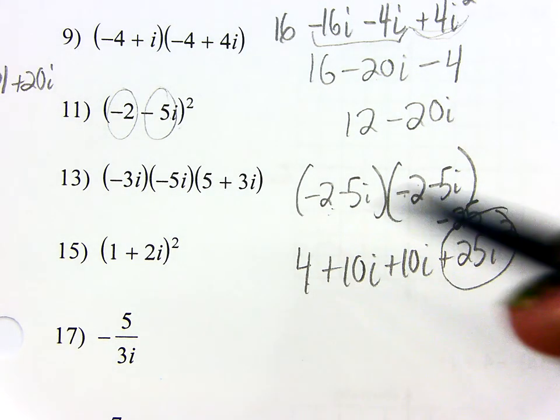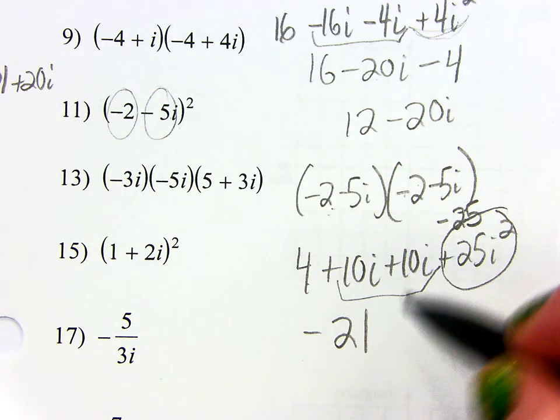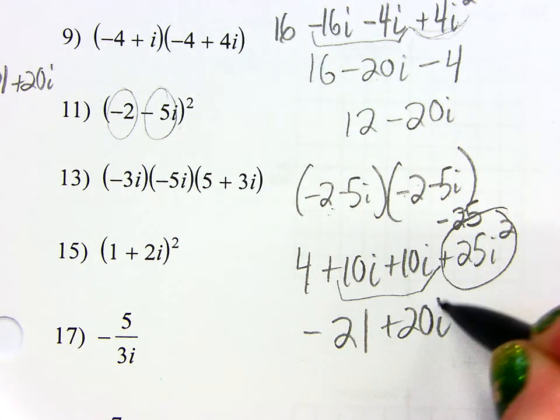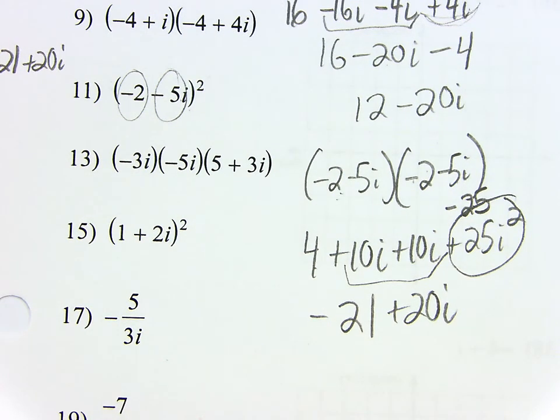So negative 25 and a positive 4 is indeed negative 21, and then 10i and 10i plus 20i. So if that's what you got, excellent job. Always remember to FOIL binomials with binomials. Okay, so before we do, actually I'm going to stop this right here.